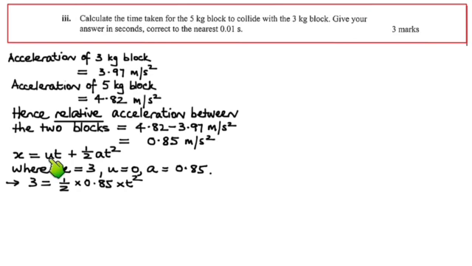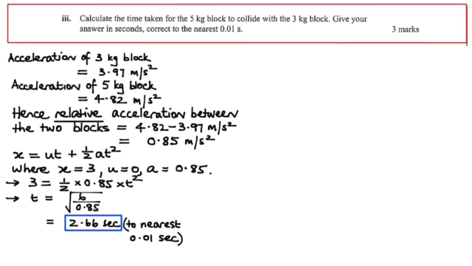Okay, that's the 5 kilogram block catching up with the 3 kilogram block. This relative initial velocity is 0, so we've just got 3 equals a half times a times t squared. All we've got to do is solve that for t, and we're laughing, guys. So t is that, and if you work it out to the nearest 0.01 second, you get 2.66 seconds to the nearest 0.01 second, and that's your answer.